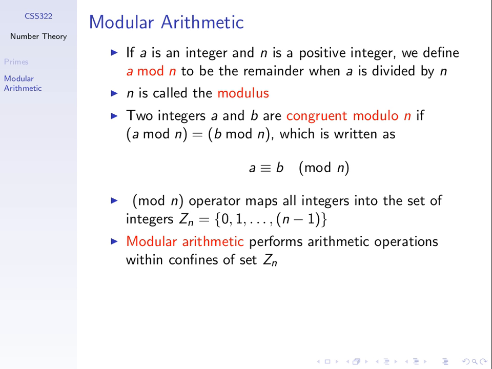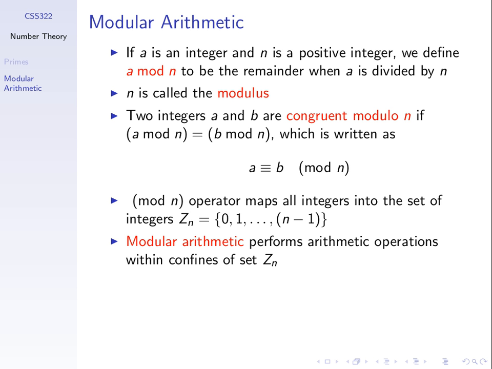Some examples. 3 and 11 are equivalent in mod 8, because 3 mod 8 is 3, and 11 mod 8 is 3.